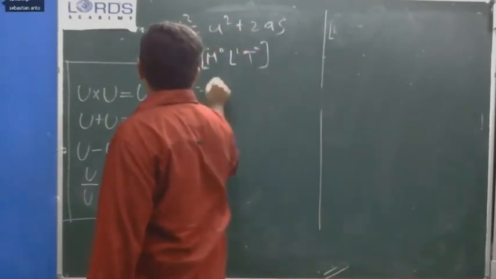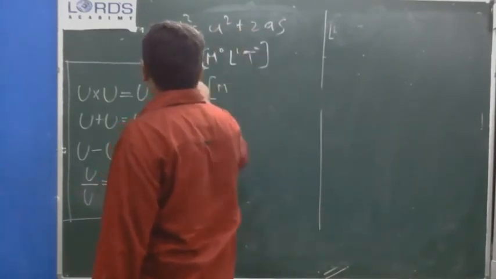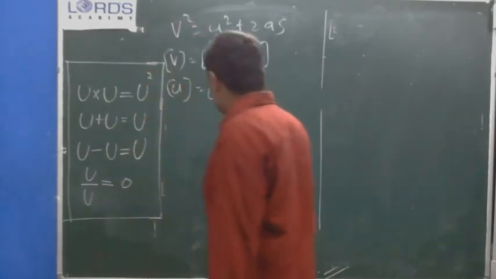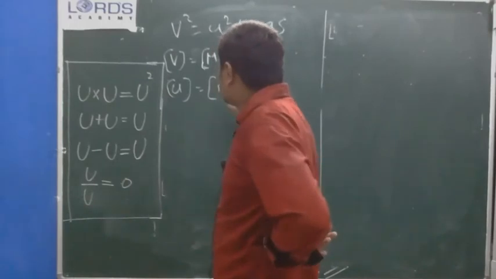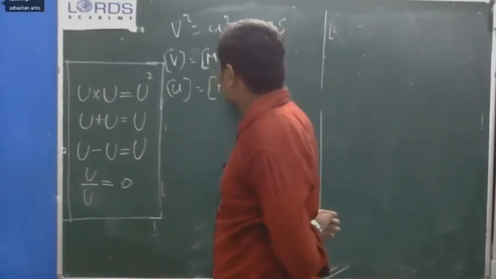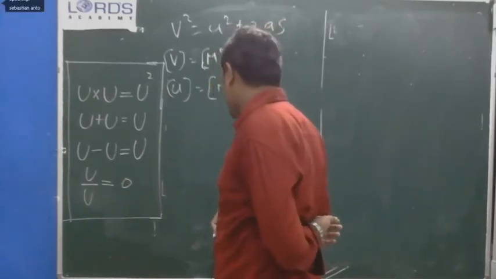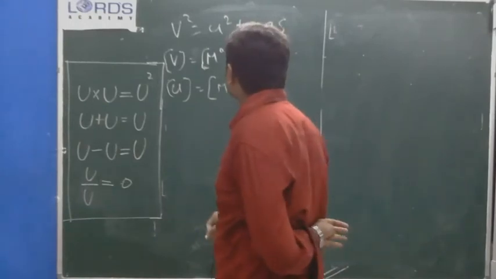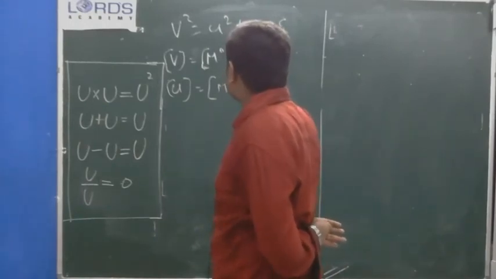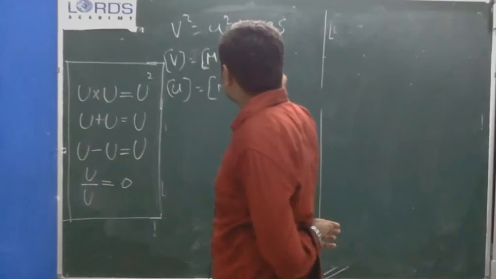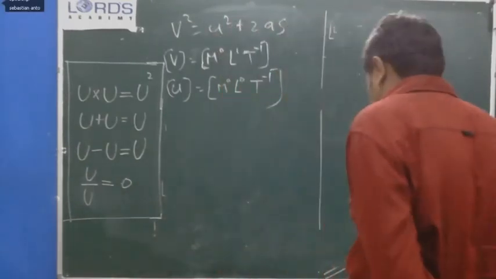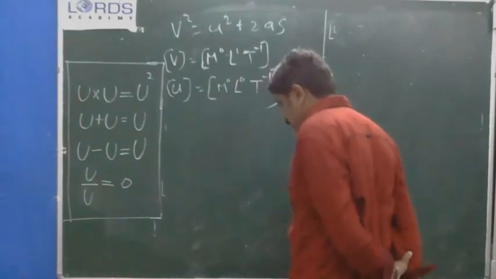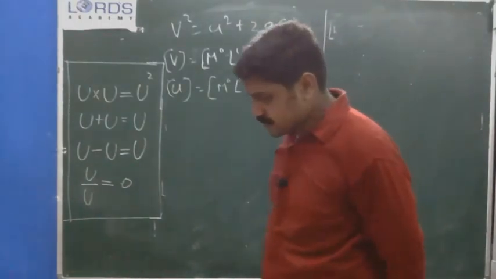Okay, then next, U. M raised to 0, L raised to 1, T raised to -1. Sebastian, what is U? Initial velocity.